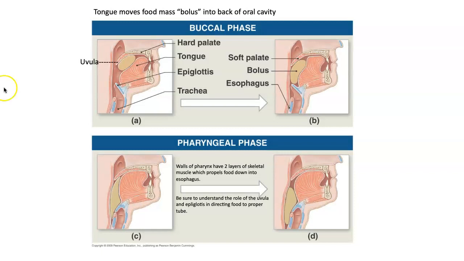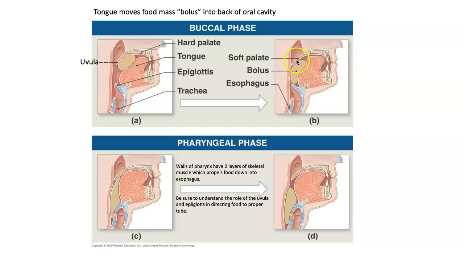So now that you have chewed your food mindfully and you have made it into a bolus, we see the tongue pushing up against the hard palate and pushing that bolus of food back into the oropharynx and down into the laryngopharynx.